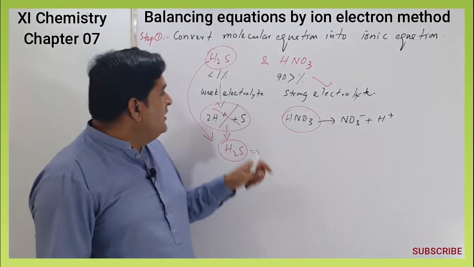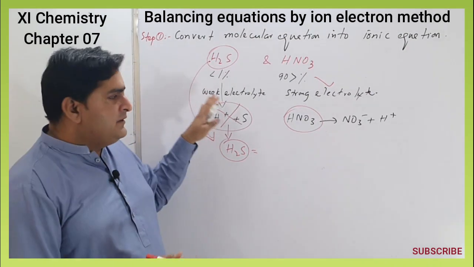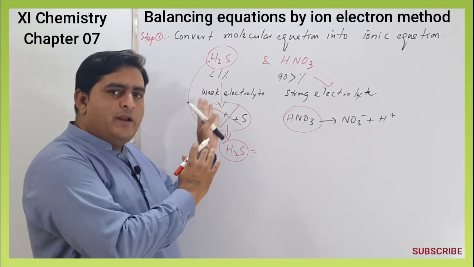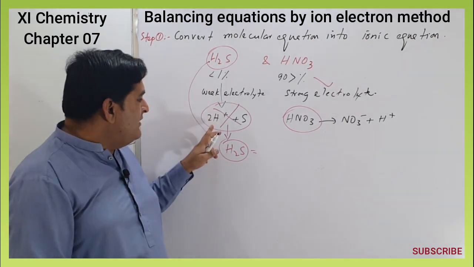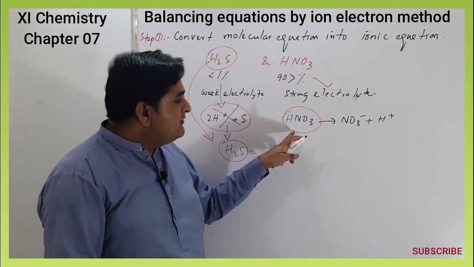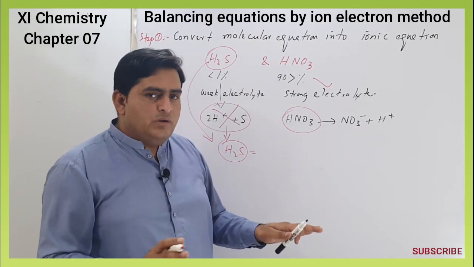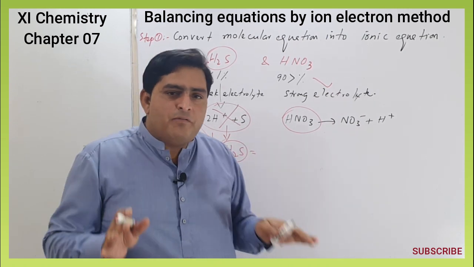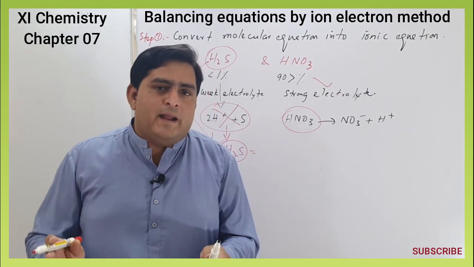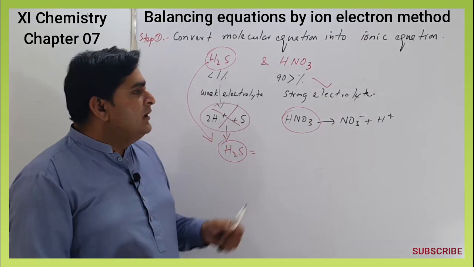We don't ionize weak electrolytes, but we ionize strong electrolytes. There are no hard rules for this, you just have to memorize which electrolytes are weak and which are strong. On the basis of that, you can do this step.